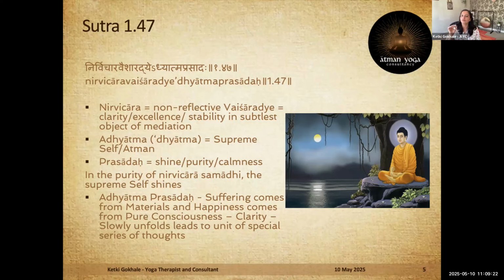That is the state of Vaisharadya. Adhyatma, the supreme self or Atman, and Prasadaha: it reaches its purity or shines forth. The Atman or the self shines forth, or it has become very calm.